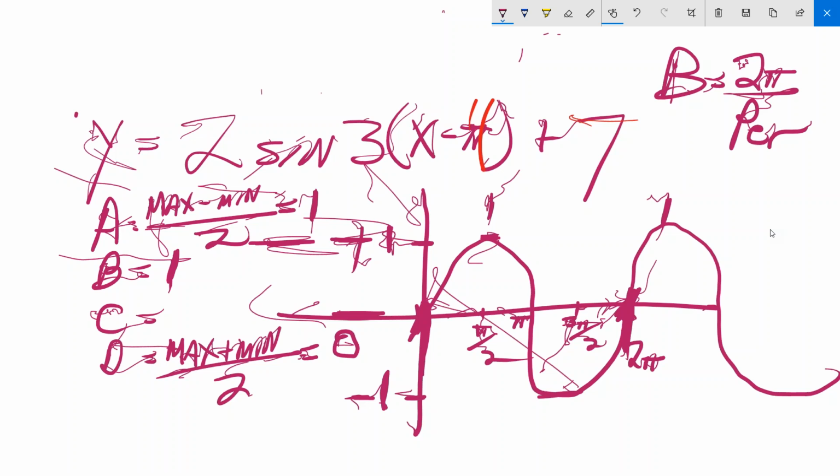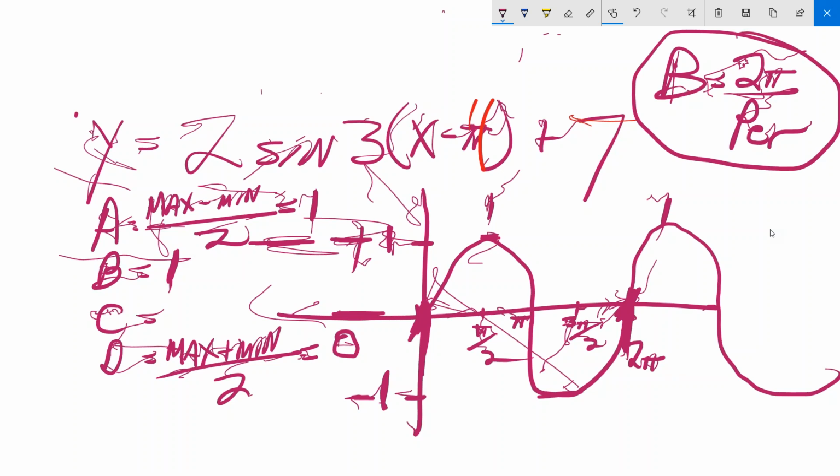Now, B stands for 2 pi over the period. It happens to be a horizontal compression factor, but a better way to think of it is 2 pi over the period. Memorize this. You're going to need it every single time you address one of these problems.